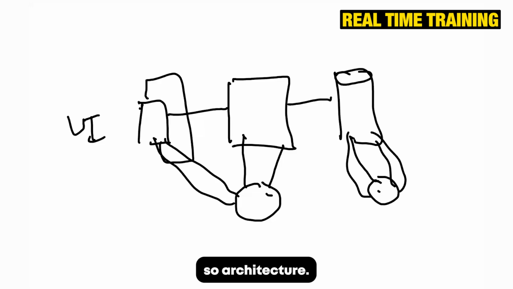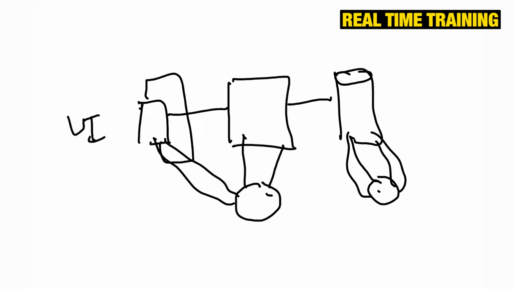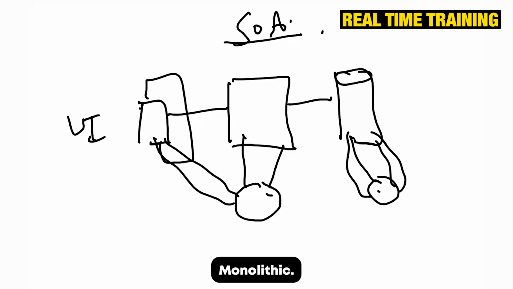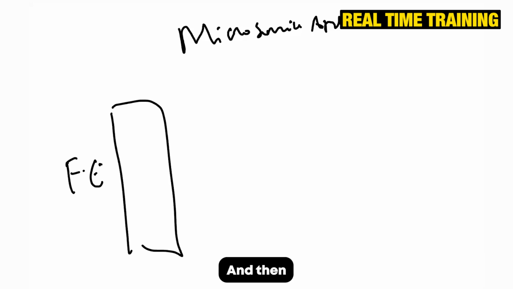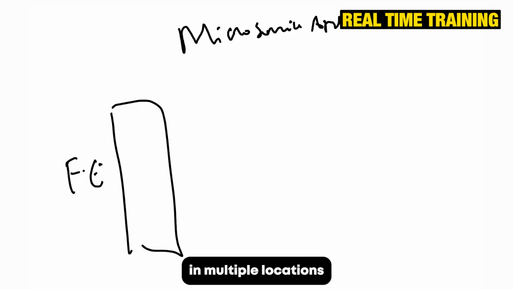So this is SOA architecture, or monolithic architecture. But in microservice architecture, this is the front end, and then the code is stored in multiple locations.